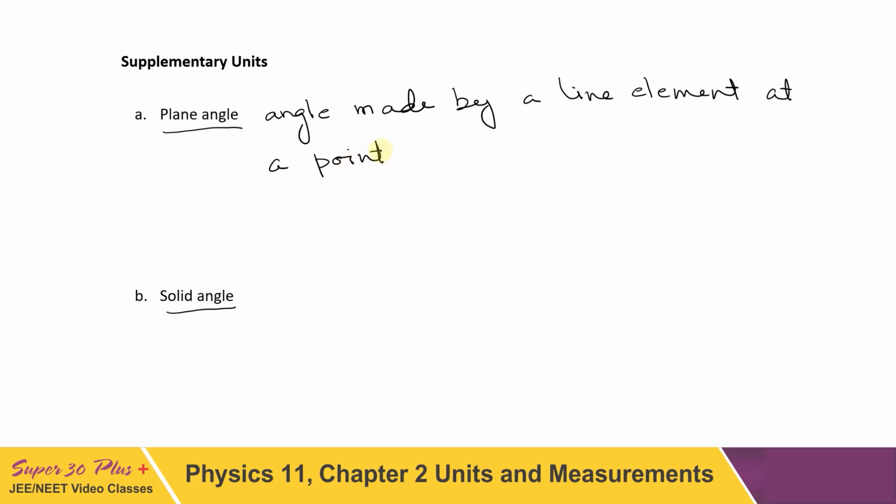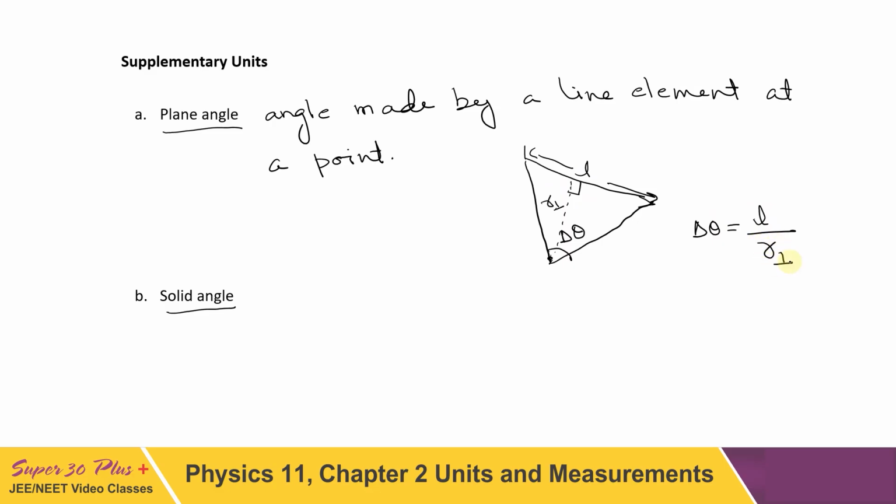Diagrammatically, we can show plane angle as if this is the line element and it is making an angle here. So the angle will be plane angle, delta theta. How this can be measured? Delta theta can be measured as length of this line element upon perpendicular distance from the point. So delta theta can be written as L upon R perpendicular.